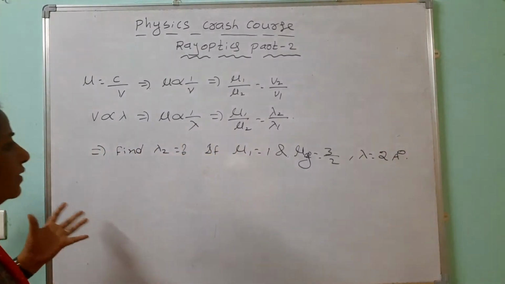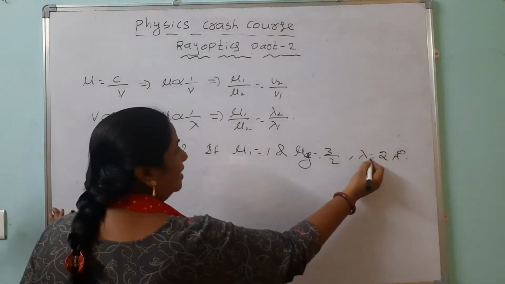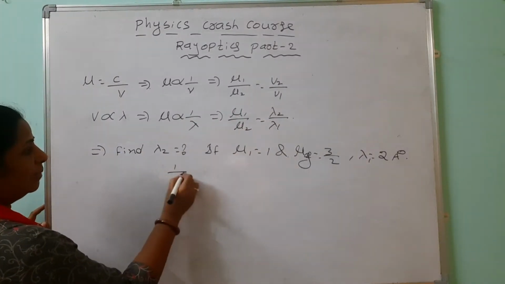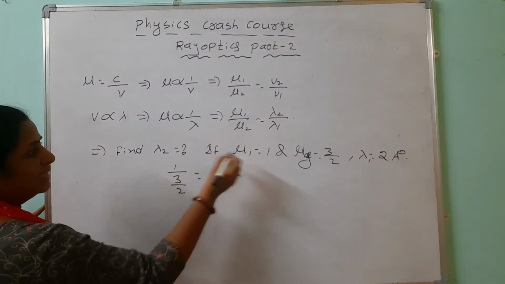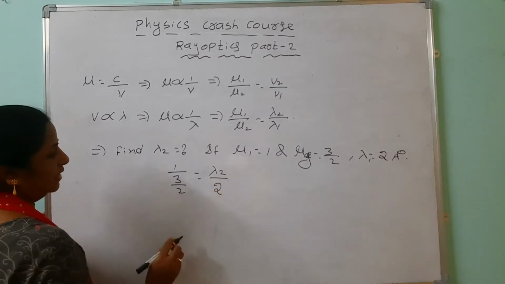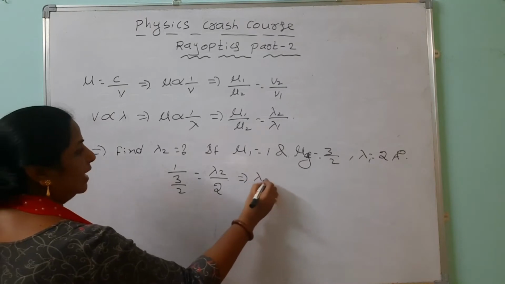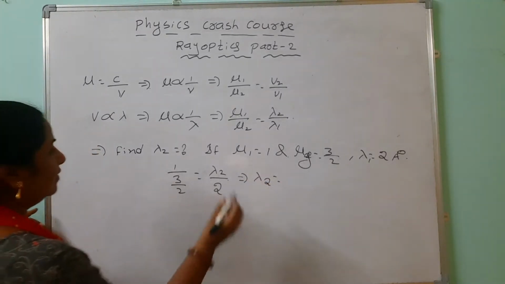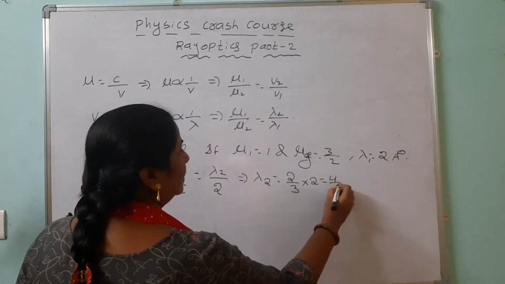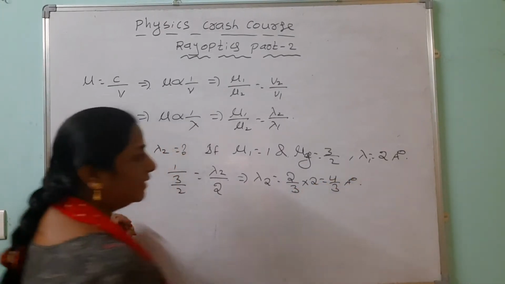Then how to find lambda 2? This is lambda 1. With the help of this we can find it, because mu1 is 1 by 3/2 equals lambda 2 by lambda 1, which is 2 angstroms. After simplification, lambda 2 equals, when it is reversed, 2/3 into 2, which is 4/3 angstroms. Like that you can calculate.